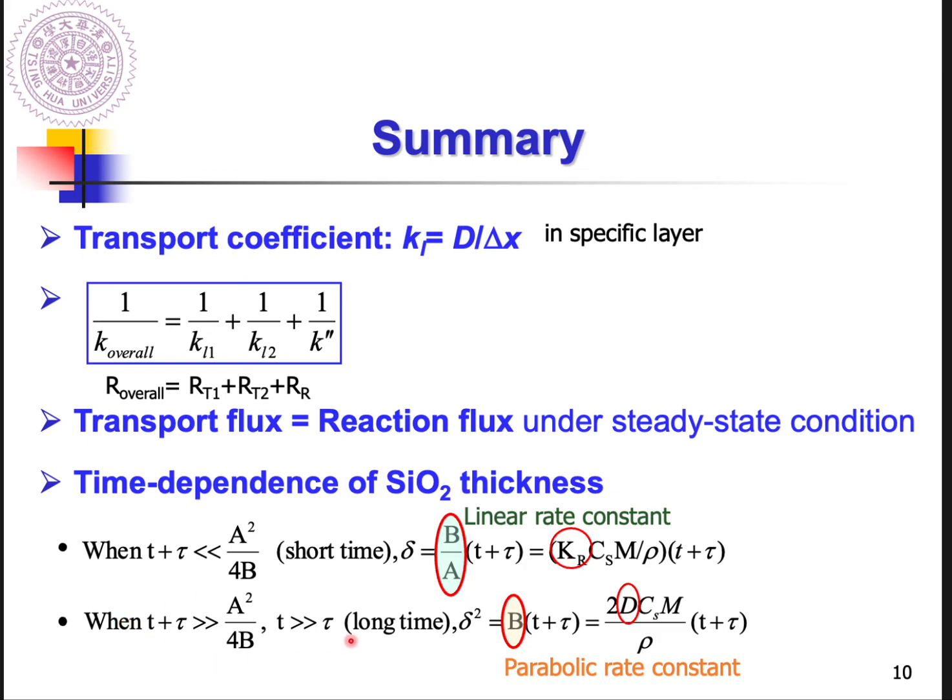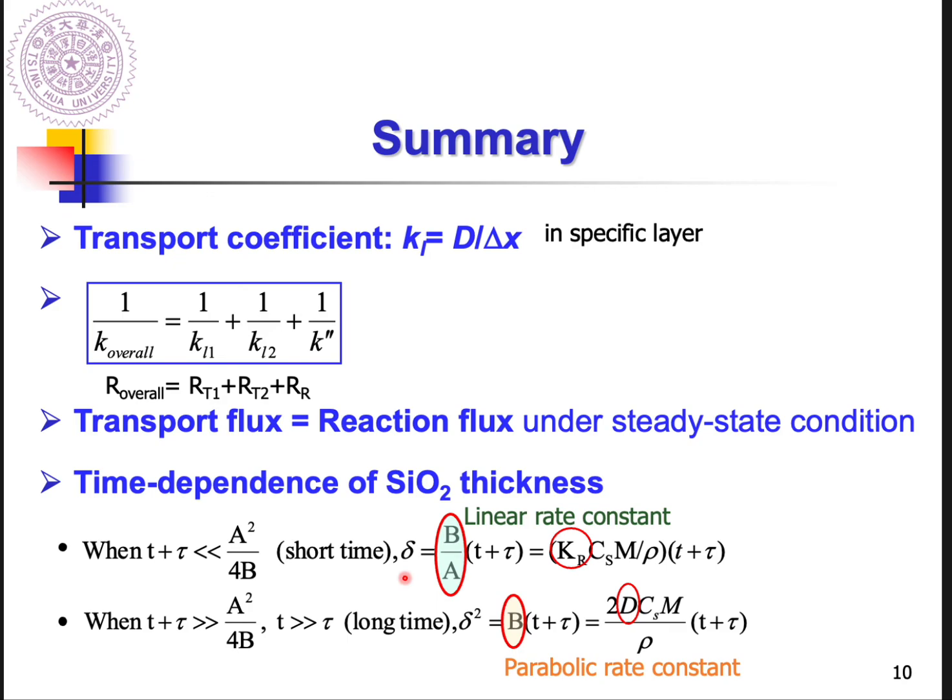For longer time, we find the thickness of the oxide layer is proportional to the square root of diffusivity. Proportional to Kr, we call reaction control. Because it's the square root of diffusivity, we call this diffusion control. Okay? So we also told you delta can be measured in experiments, right?